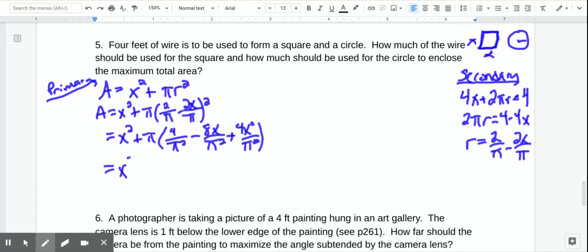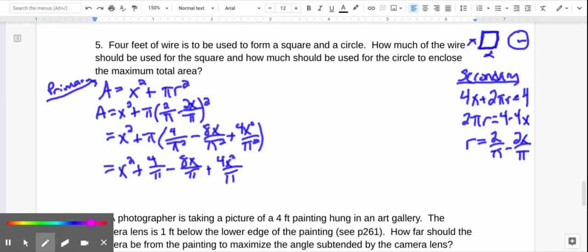So that's going to give me x squared plus 4 over pi minus 8x over pi plus 4x squared over pi. That's probably good enough.